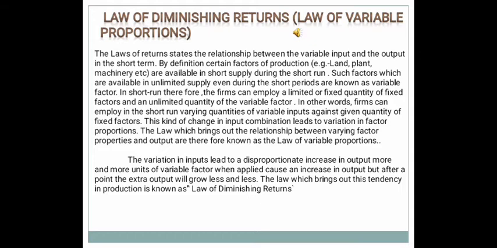More and more units of variable factors, when applied, cause an increase in output, but after a point the extra output will grow less and less. The law which brings out this tendency in production is known as the law of diminishing returns.